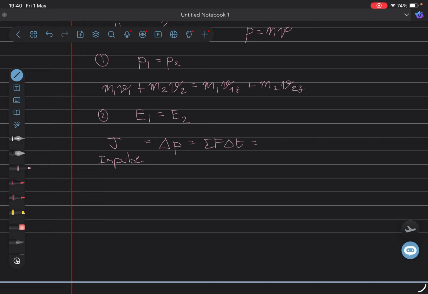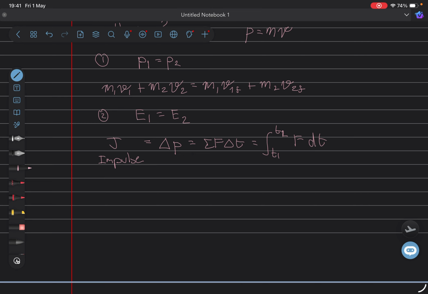And if you want an integral form, it is the integral from t1 to t2 of F dt. So impulse is a measure of force over time, like how much force in a specific amount of time, and it can be calculated using the change in momentum.